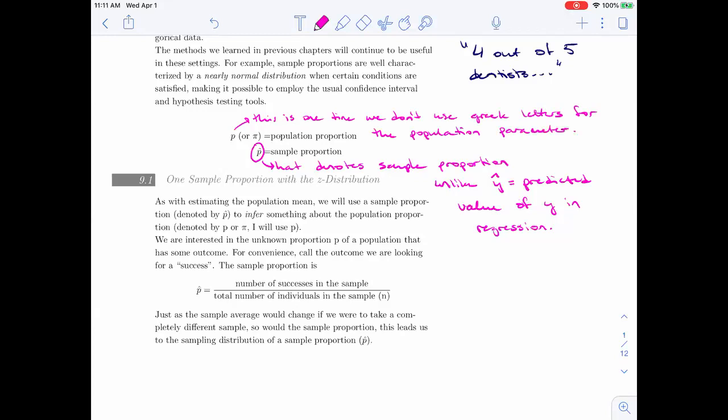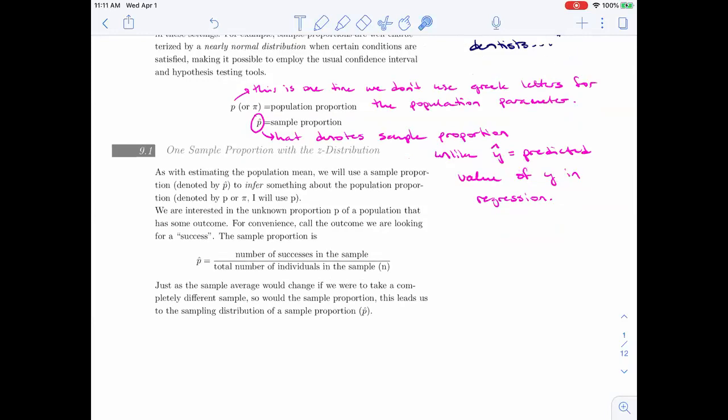Unless you use pi, and that's fine too. Our null and alternative hypotheses have to be about the population parameter. So in this case, instead of talking about mu, our hypotheses are going to be about p, or pi if you prefer. It's just a matter of preference. I'll be using p, but you can just as well use pi.